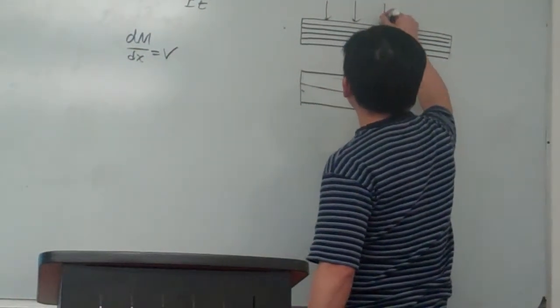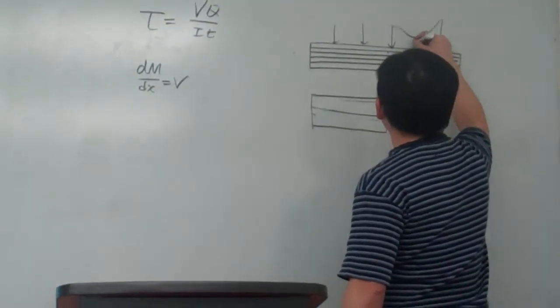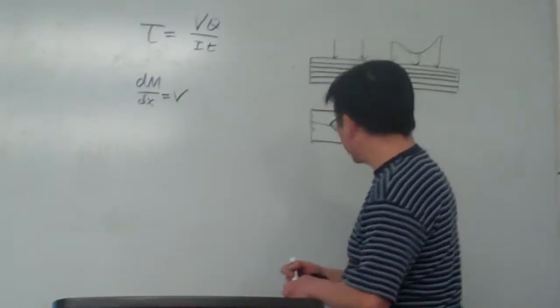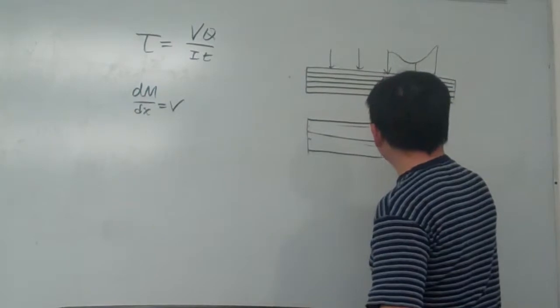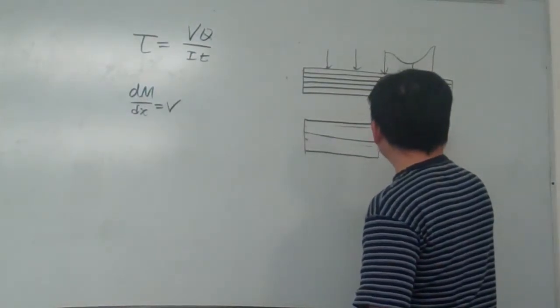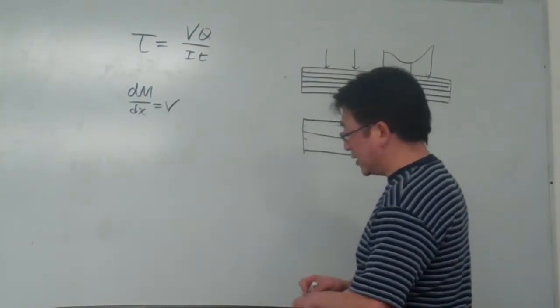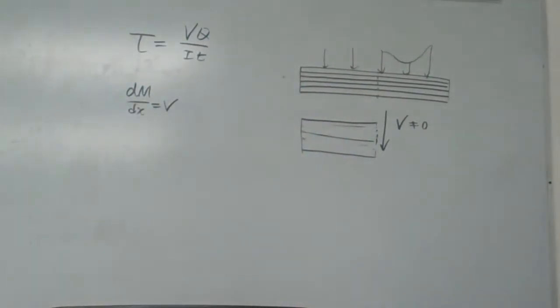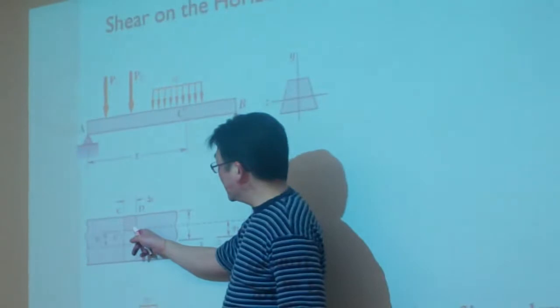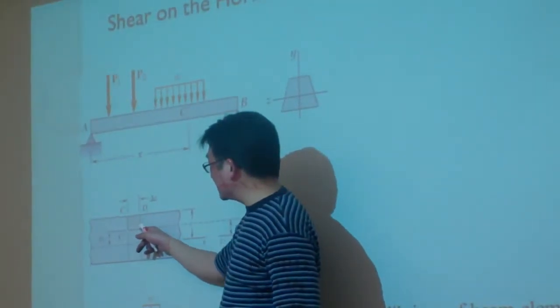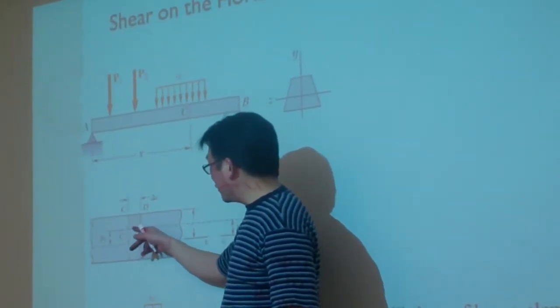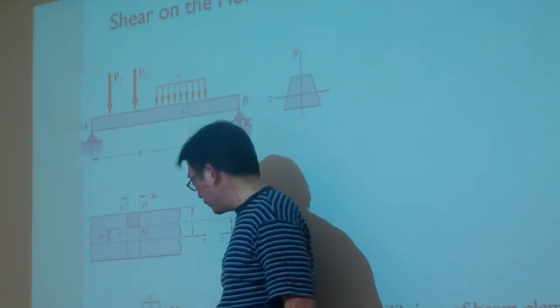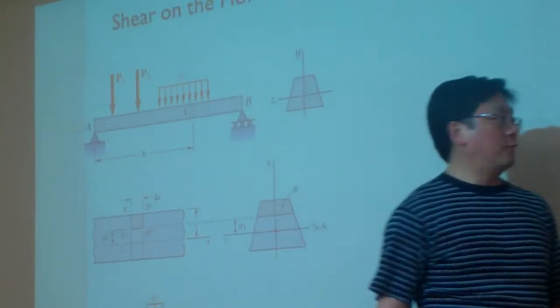If this is under the general loading case, that means in this cross section we expect V is not 0, and this V will induce the shear stress here, and that will again induce the shear stress here. That shear stress multiplied by the corresponding cross-sectional area will give us the force.